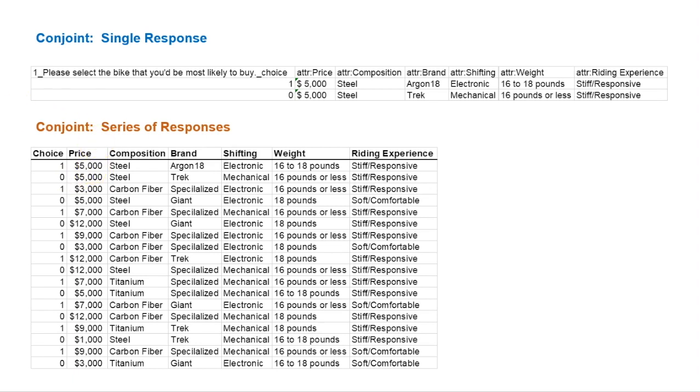So Drew, when you were taking this survey, what were some of the things that came to mind that you felt were more important for you in terms of preferences? Yeah, it's a good question. I'm a climber, which is generally you want a lighter bike that's stiffer, so you're generating as much power to the ground as possible.